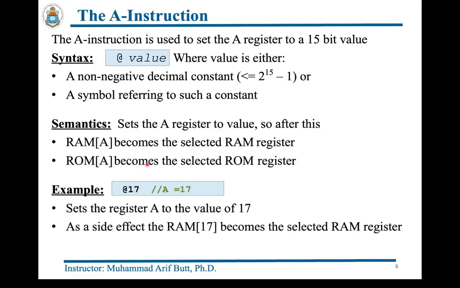For example, @17 actually sets the A register to a value of 17, and as a side effect, the RAM location 17 becomes the selected RAM register, so we can read it and write it using some other instruction.